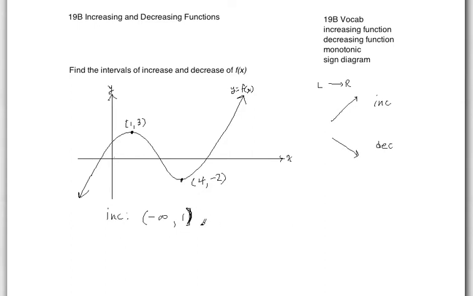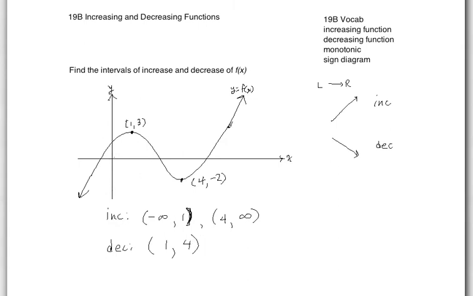Increasing on this interval and increasing also on the interval from the x value of 4, and we're talking only about x values when we talk about intervals, 4 to infinity. That's going to be the intervals of increase. So the decrease then would be from 1 to 4.